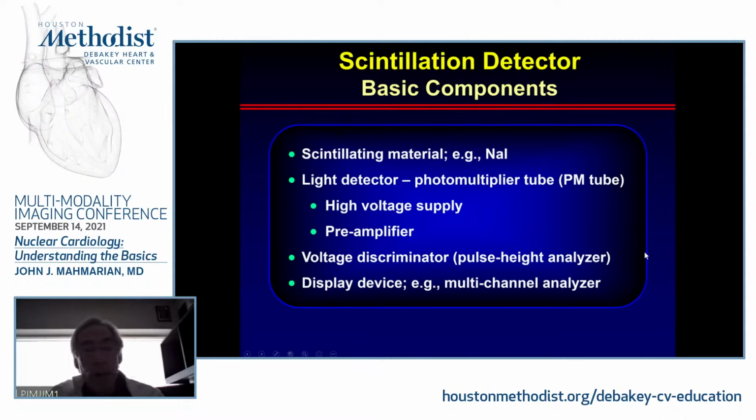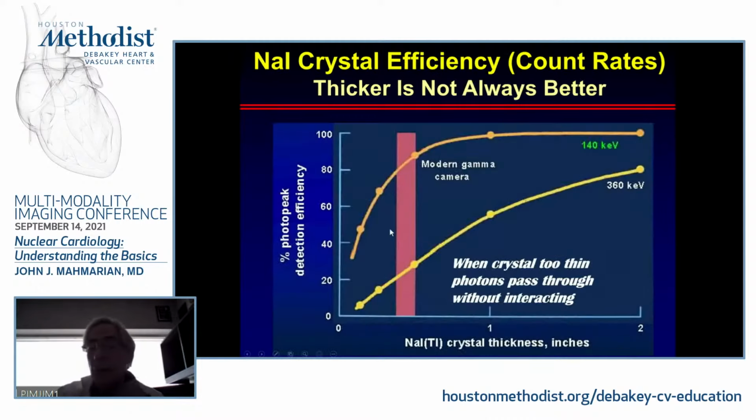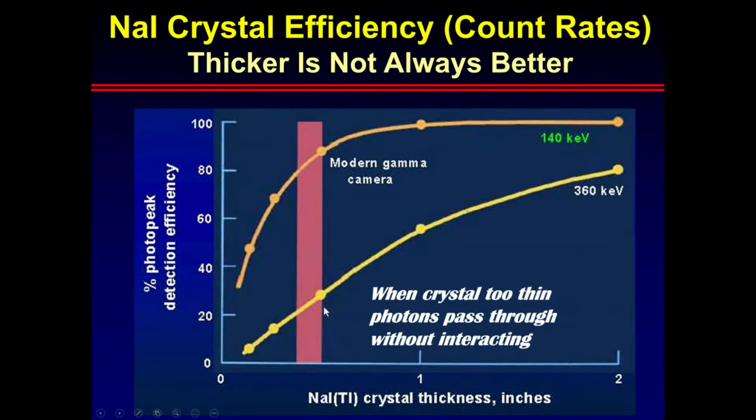It's important to recognize that there are certain optimal thicknesses of crystals in order to get the ideal counts in our images. For instance, if you have a very high energy photon, you need a thicker crystal in order to obtain counts, because in a very thin crystal, the photons will simply go through the crystal and won't ionize. This is also shown with technetium, which is 140 kV.